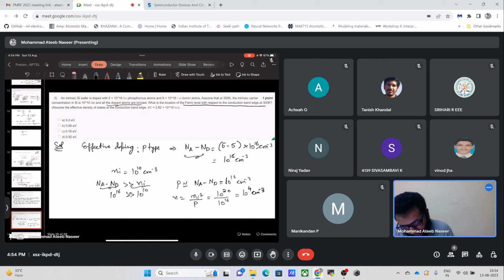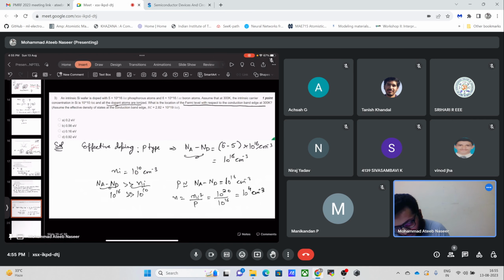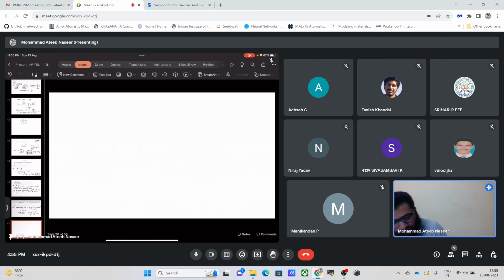So we have found out N and P. Now let us try to find the difference between the conduction band edge and the Fermi level. As we have seen in the lectures, N is equal to NC exponential of EF minus EC by KT.